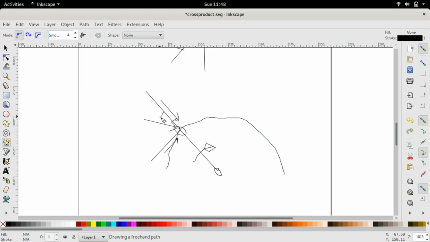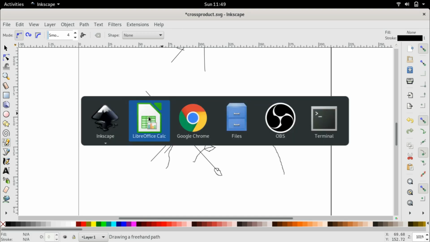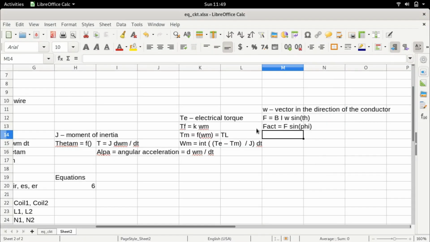So this angle phi is the angle between the force and the rod. If we define this angle, then our actual force which causes it to rotate is going to be F sine phi.